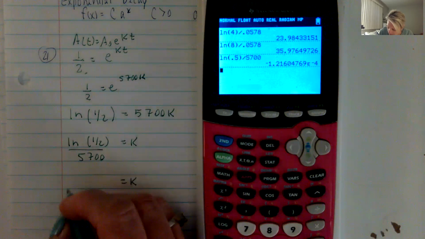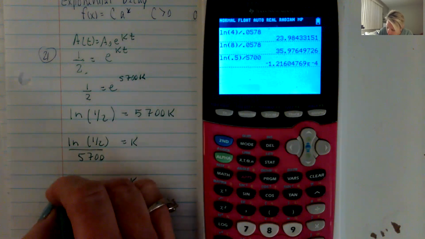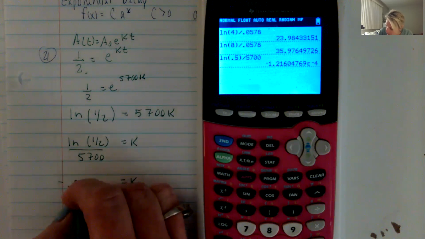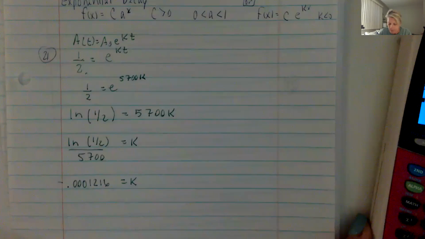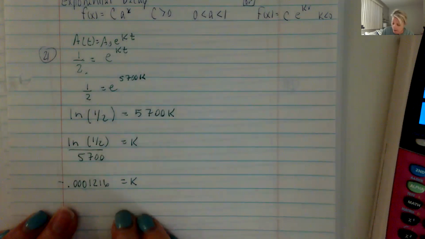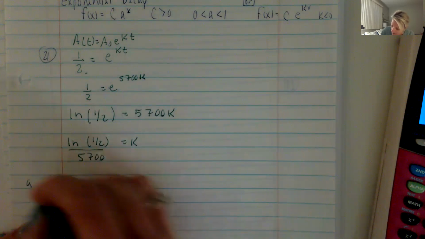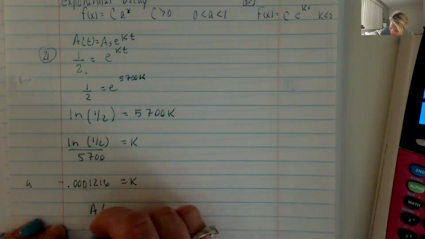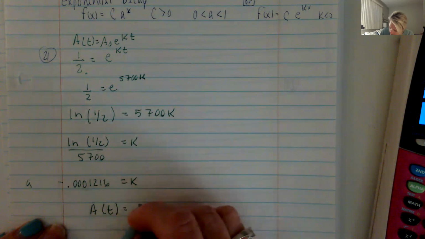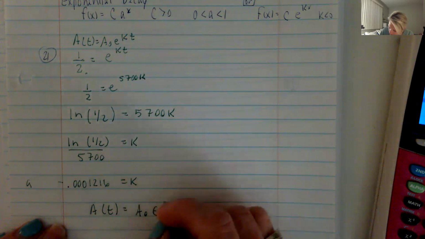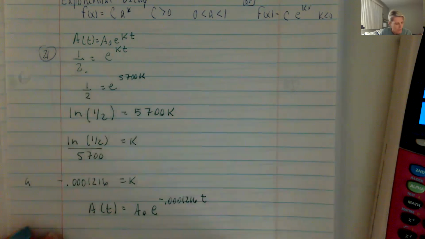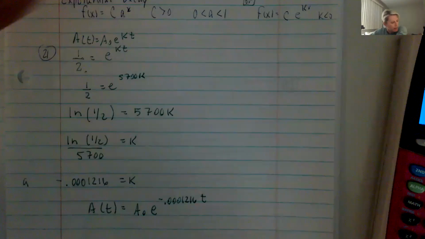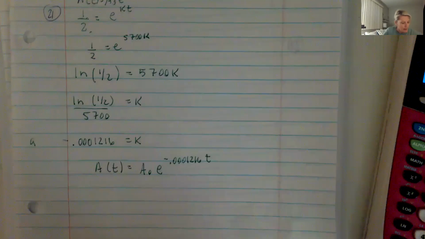So we write it as negative 0.001216. So our actual equation is A of t equals A sub 0 e to the negative 0.001216t.